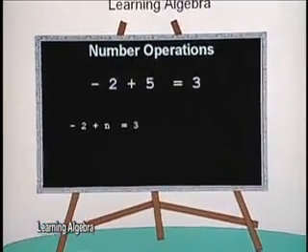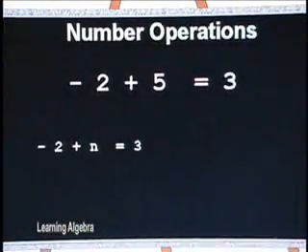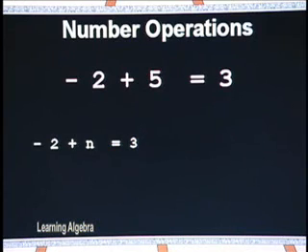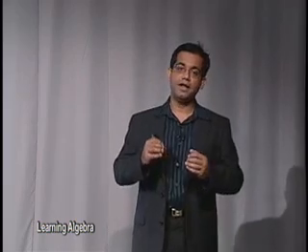And what if we did not know 5? Let's say we come with the expression minus 2 plus n equals 3. See, now we are trying to be a little more advanced in learning algebra. We are trying to solve an expression, and you remember what the expression was?